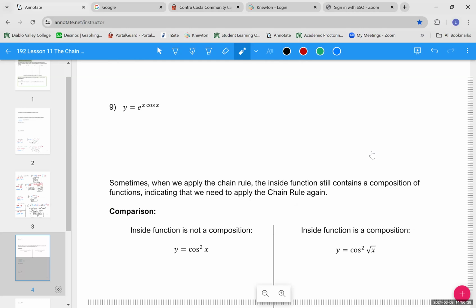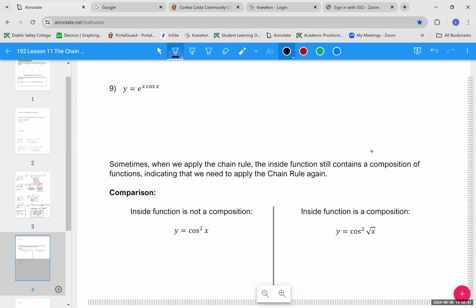Okay, I think there's one more example here that we'll do before we move on to using the chain rule more than once. So I'm just going to go ahead and walk through this one. You'll notice that I, once again, do have a product, but this time my product is in the exponent.